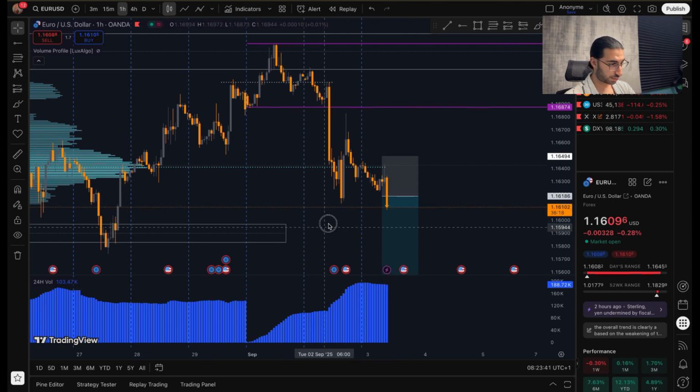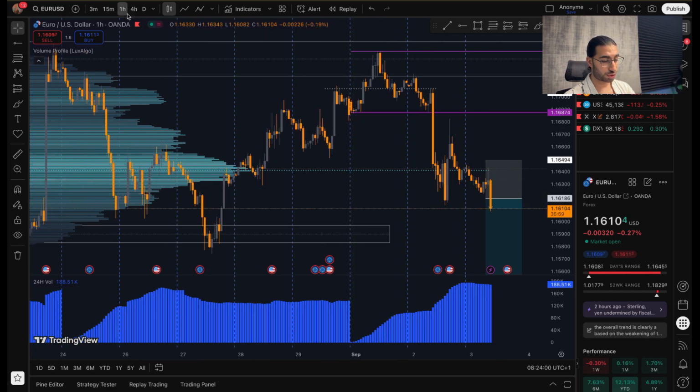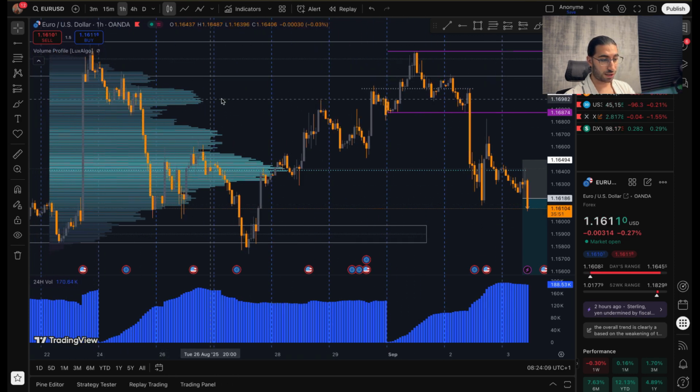So let's have a little overview of why I took this short. What we have here is a price that hovered around for a long time in a very big range. But what's good with that is that every time you have a trend on the 15-minute setting, you can have an overview on the 4 hours or the 1 hour of where it came from and where it is supposed to reach, so the other high of that trend.